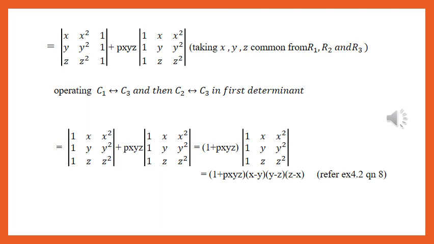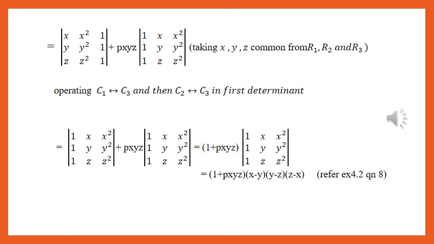Then first column will be 1, 1, 1. Third column will be x, y, z. Now after that C3 and C2 you interchange. So 2 times you interchange. So the sign will be positive.